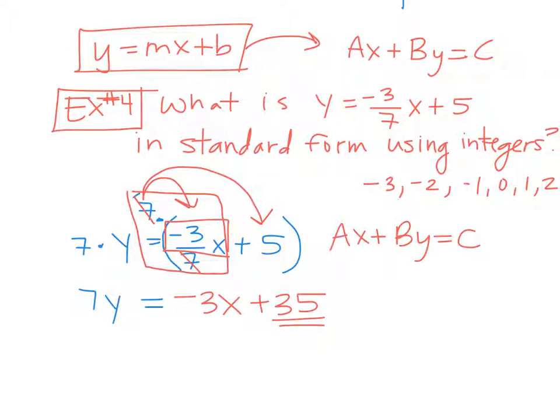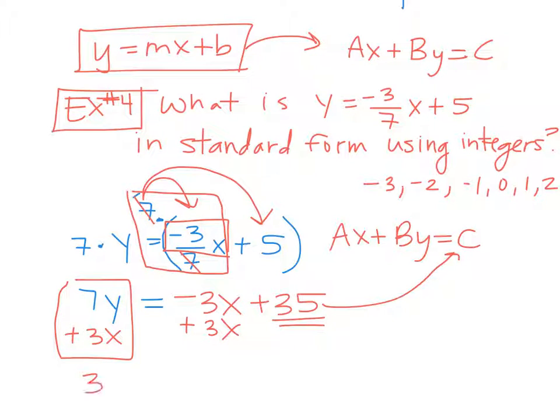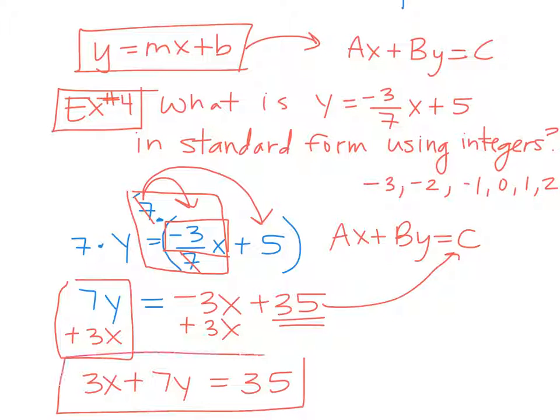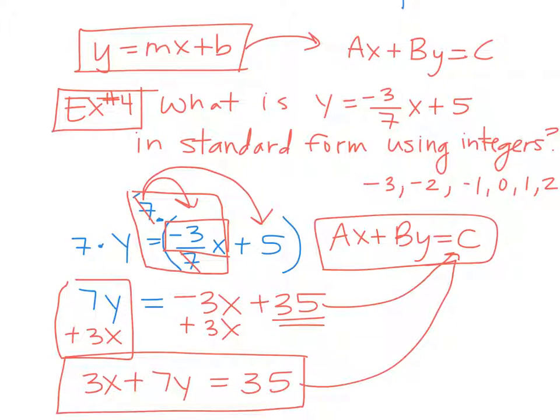This is our constant. That's our c. Okay, so we want that one by itself. How do I get rid of that negative 3x? Not subtract it. We're going to add it to the other side, right? So if I add 3x here, then I got to add 3x to this side. Can you combine that? No. So what we're going to say is 3x plus 7y equals 35, right? There's nothing left to combine, and now it's in standard form like that.